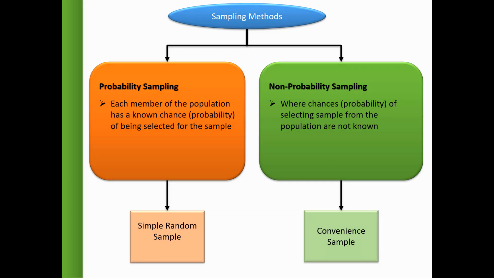Okay, so there are two sampling methods. There's probability sampling, which means each member of the population has a known chance, or probability, of being selected in the sample. An example of that is a simple random sample.